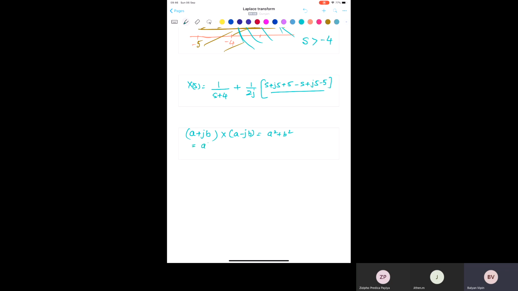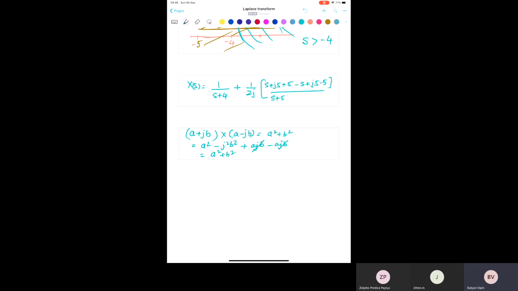It's basically a square minus j square b square plus ajb minus ajb. These two will cancel each other, and j square equals minus 1, so it will be a square plus b square.